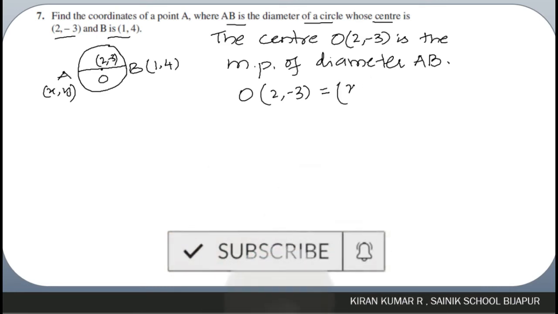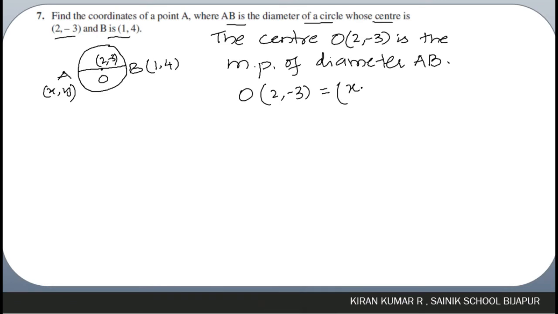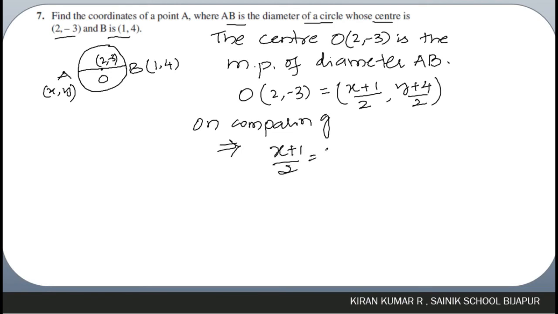I have considered x as the x coordinate of point A and y as the y coordinate of point A. So (x + 1)/2, (y + 4)/2. On comparing, we get (x + 1)/2 equal to 2 and (y + 4)/2 equal to -3. This implies x + 1 will be equal to 4 and y + 4 will be equal to -6.